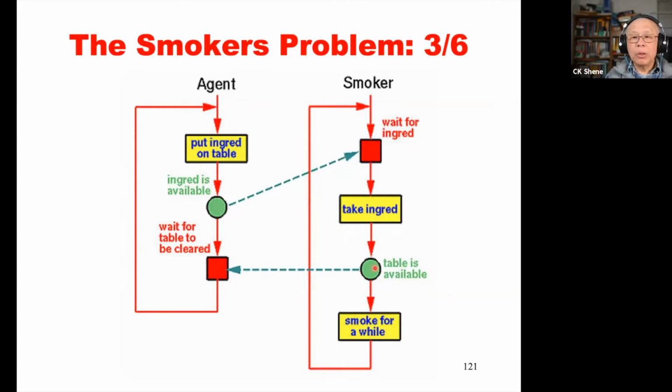Because the ingredients are taken, this smoker can make a cigarette and smoke for a while and come back for the next round. So isn't it very easy? I'm sure everybody would think this is a very easy problem. And this is a rather simplified version, as we will see later on.